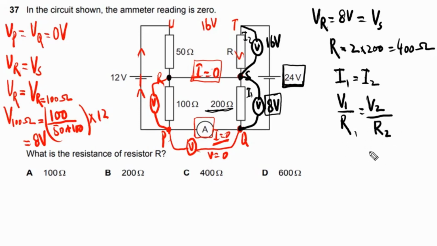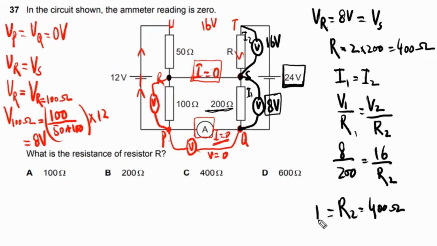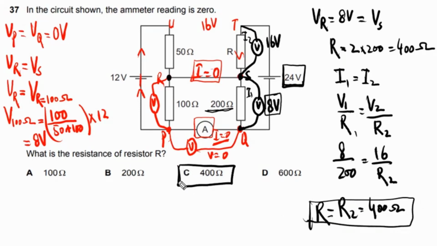We can write R is equal to 200, and V is 16, so we have to find the value of R. You will find that R is equal to 400 ohms. So our answer for this question is 400.